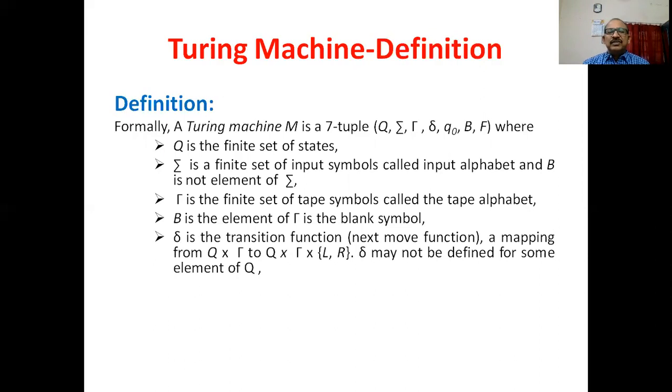Delta is a transition function, a mapping from Q cross gamma to Q cross gamma cross {L, R}, which means it moves in the left direction or it moves in the right direction. Here you can note delta may not be defined for some elements of Q. Next point. Q0 is an element of Q, the start state of the Turing machine.